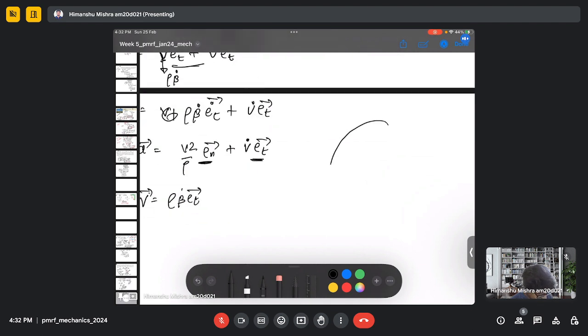So in a unit circle, we can define the tangential component of acceleration as here in this direction, and this will be my normal component of the acceleration. And this will be my velocity direction also.